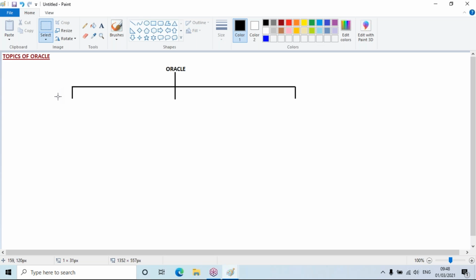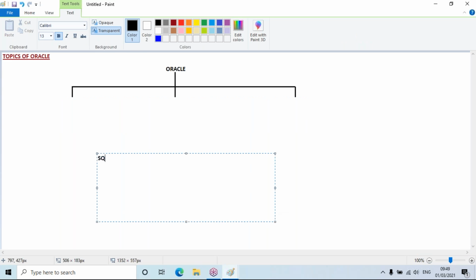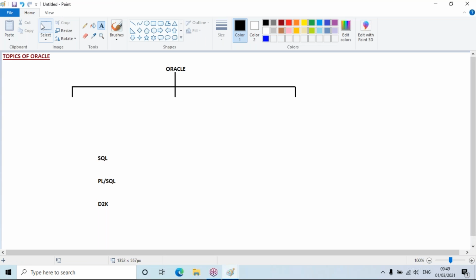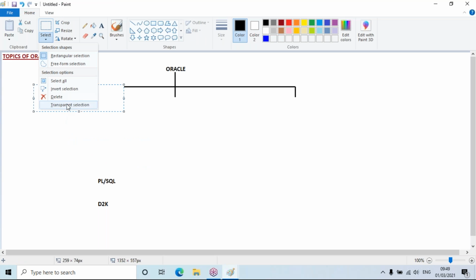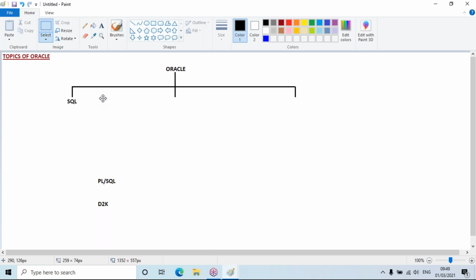What are the names of these topics? One, SQL. Second, PL SQL. Third, D2K. SQL is one. PL SQL is the other one. D2K is the other one.